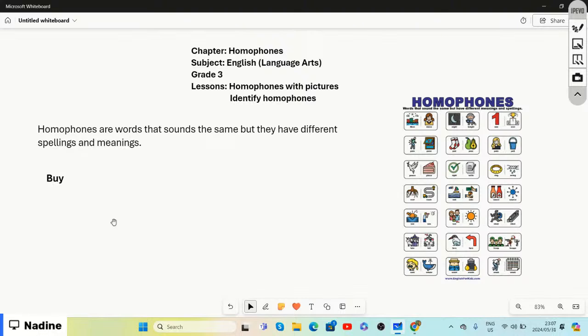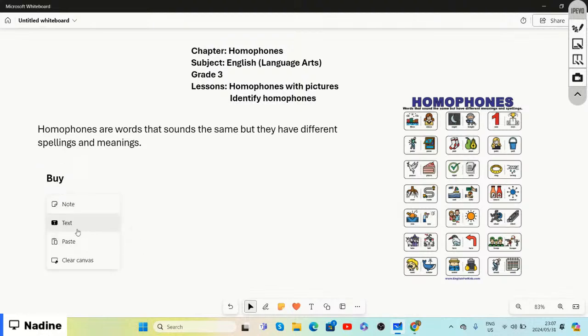When you purchase something, of course you need to give money in exchange for the goods that you will be getting. So when you buy something, you give money and then you get your items back. That is buy.